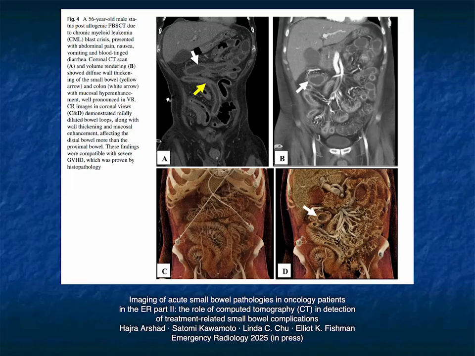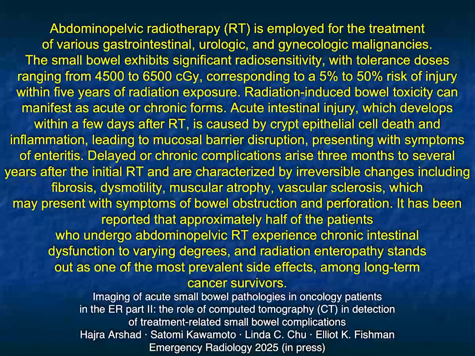You can see the really extensive involvement of the small bowel on the coronal and the volume rendering and cinematic rendering. You can see the vessels are typically patent, but the marked thickening and edema of the bowel with submucosal decreased density is seen.